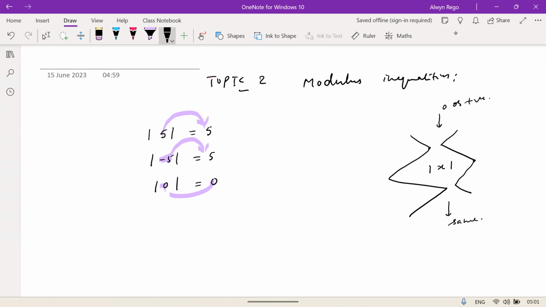But if you feed a negative number, suppose -5, this modulus machine does something inside and the number will come out as 5. If you see what's happening inside, it attaches a negative sign to the number to make it positive.